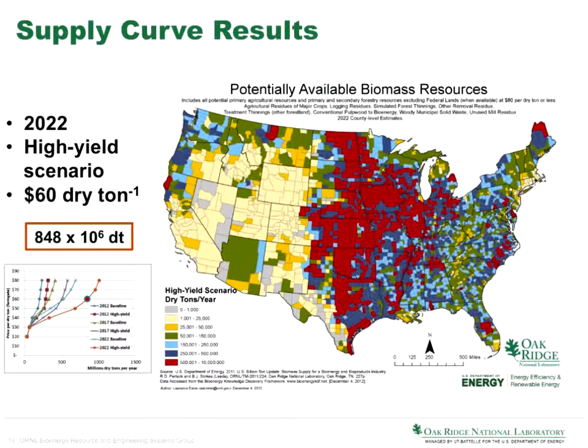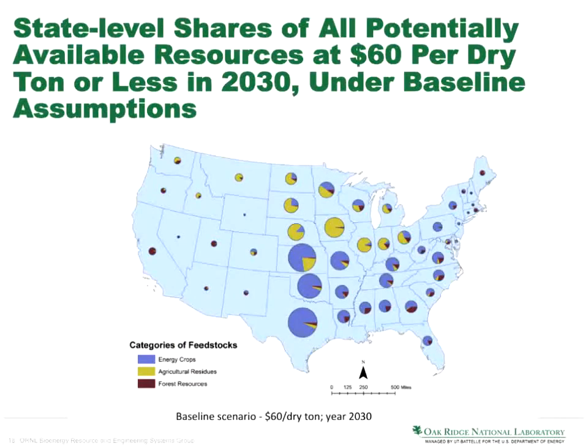So what I wanted to do was, as we see these different supplies in dry tons per year being available at the county level, characterize a little bit those potential supplies. Here we're looking at just the broadest categories of feedstocks that might be produced.